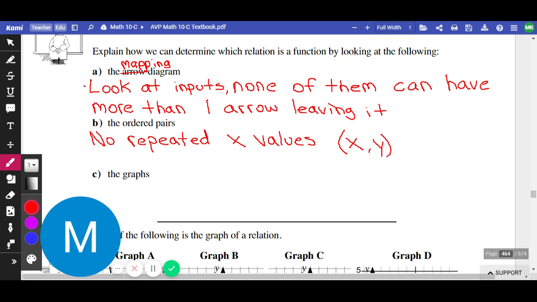So if you're looking at a big set of ordered pairs, and you notice that, hey, this ordered pair has an x value of 2, this ordered pair has an x value of 2, not a function. They've repeated an x value. The y's can do whatever they want. Right? Y's can repeat, they can do whatever they want. The x's cannot.